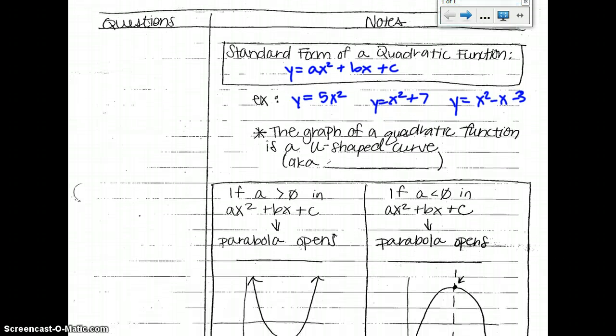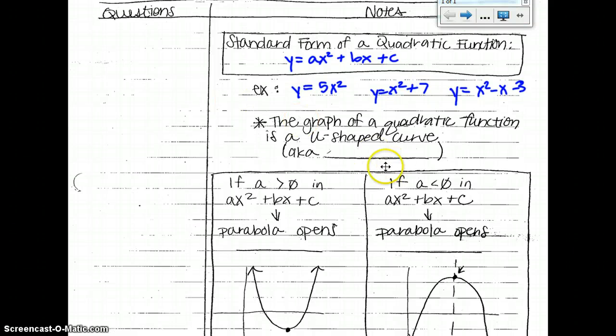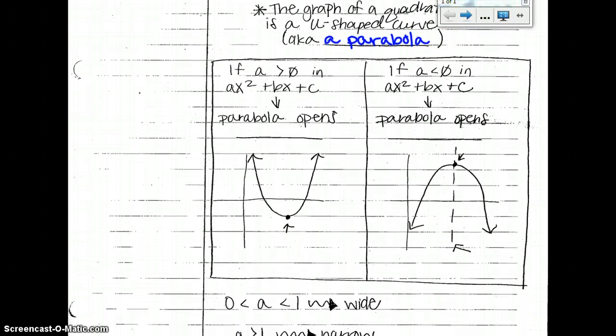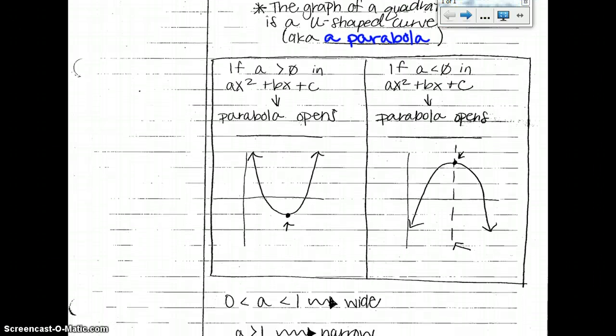Okay, the graph of a quadratic function is a U-shaped curve, also known as a parabola. Okay, down below we have two different sets of parabolas. One on the left, it's opening up, and the one on the right is opening down.